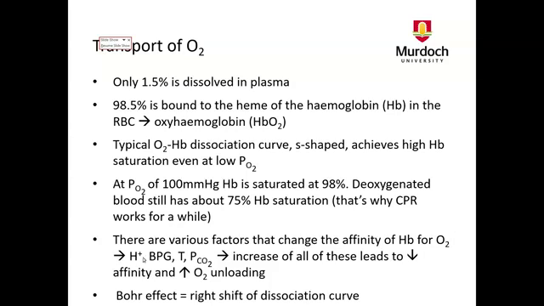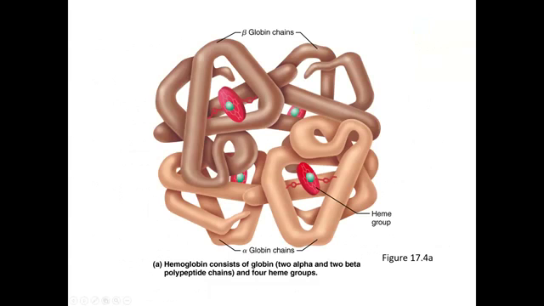Some of those factors are hydrogen ions, so the pH, BPG, which is a byproduct of metabolism in the red blood cell, temperature, and also the partial pressure of carbon dioxide. If all of these are high, Hb will drop off the oxygen much quicker, so it will offload a lot of oxygen, and has reduced affinity. That's what we call the Bohr effect. Now we look at that in a tick.